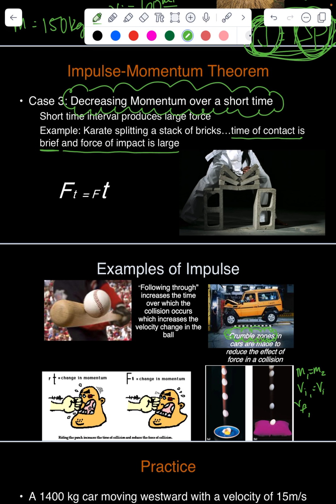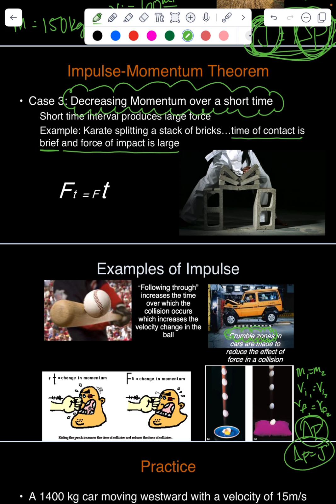So we're going to have the same initial one, the final one, the final two. Because all of those are the same, that means that our change in momentum is again going to be the same, which means that the impulses are going to be the same for both of these.